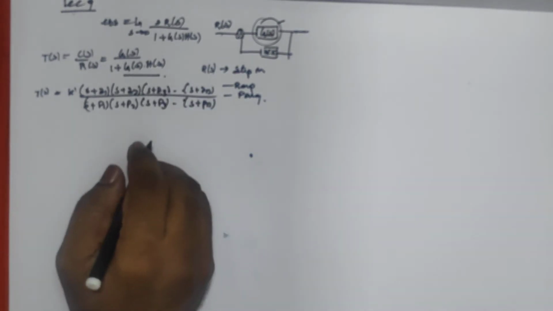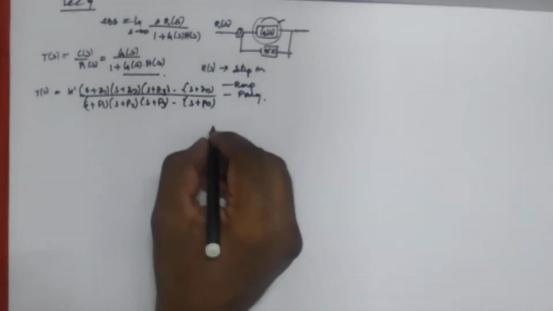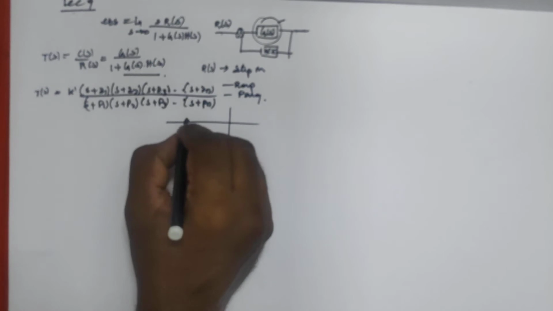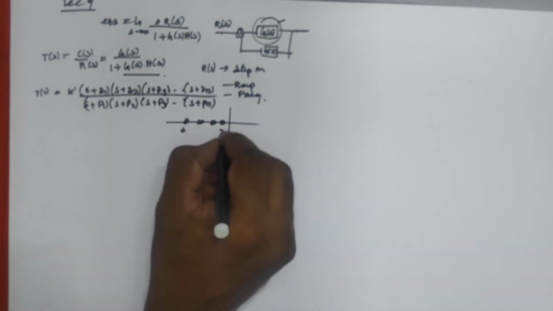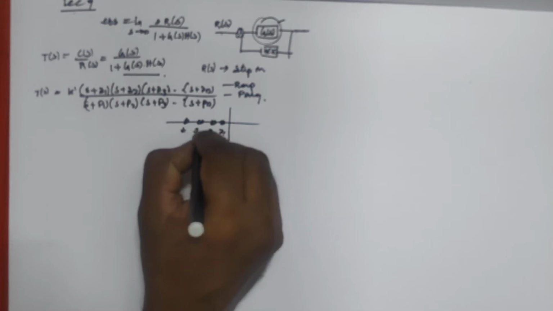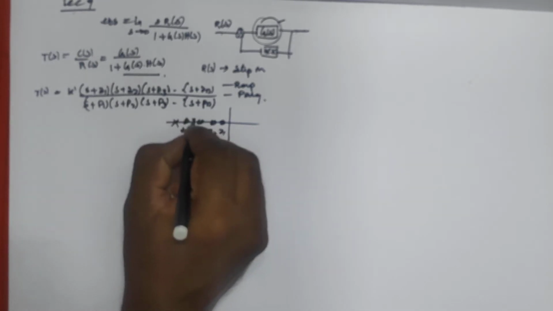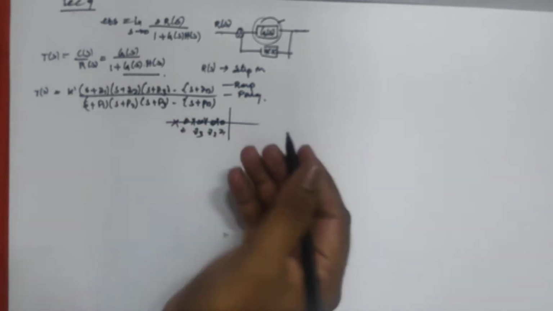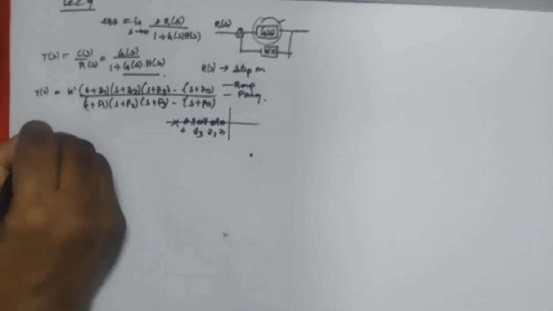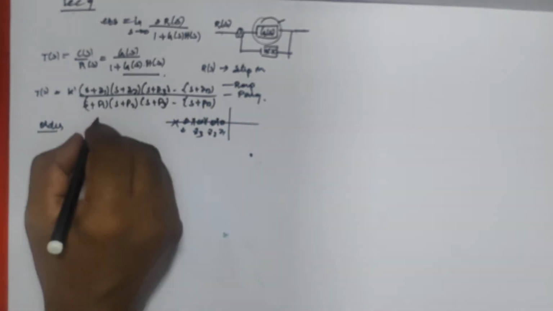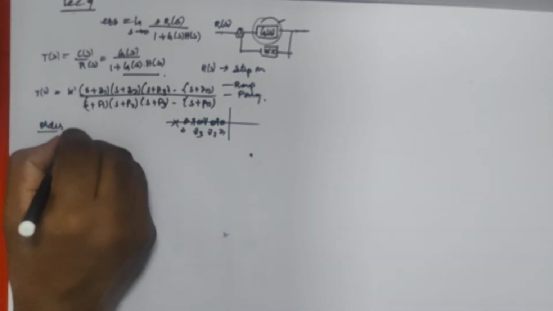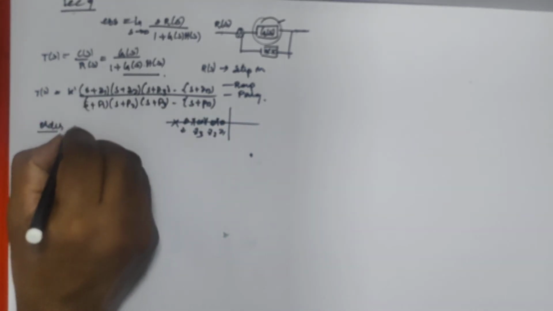Here z1, z2, z3 are the zeros of the system, and p1, p2, p3 and so on are the poles. If I want to find the order of the system, I multiply all these terms, so if you have 3 poles, we have an s power 3 term.